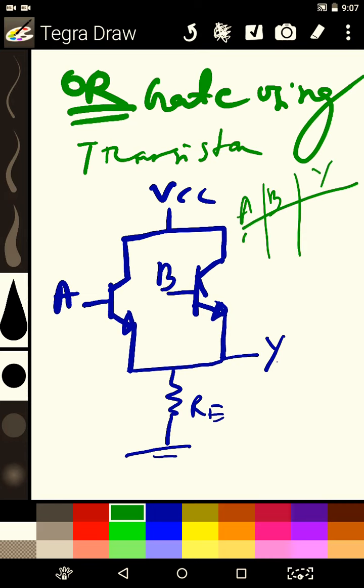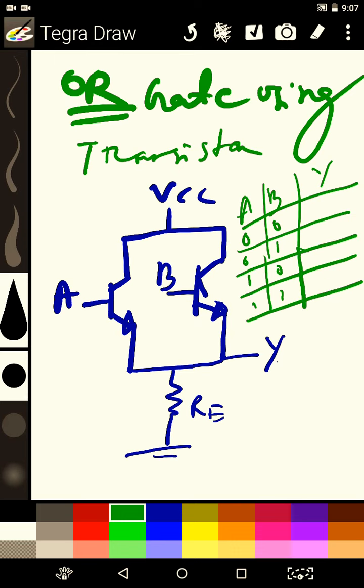Let the inputs be 0 0 1 1 and 0 1 0 1. When A is 0 and B is 0, let's say this one is transistor T1 and this one is transistor T2. A 0 and B 0 means a lower voltage is applied to the A terminal and the B terminal.